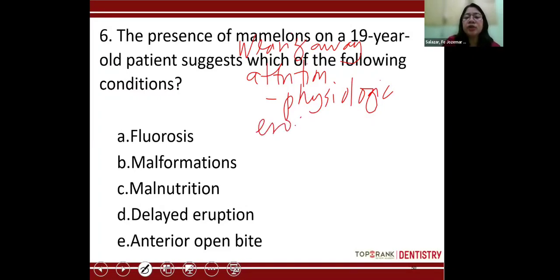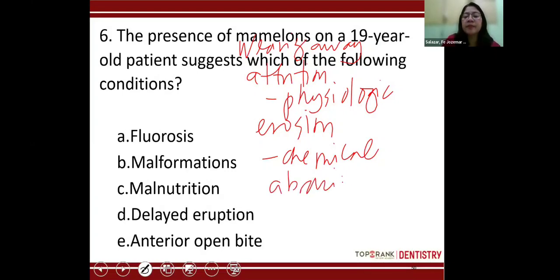Yes, that's erosion. How about mechanical wearing away of your tooth? Yes, toothbrushing, horizontal. Yes, that's your abrasion. This is your chemical. Because of tooth flexion, anong type ng wear yun? Abfraction. Yes, very good. Abfraction is due to tooth flexion.